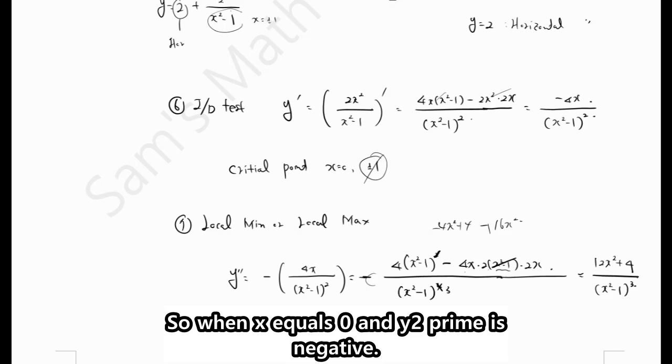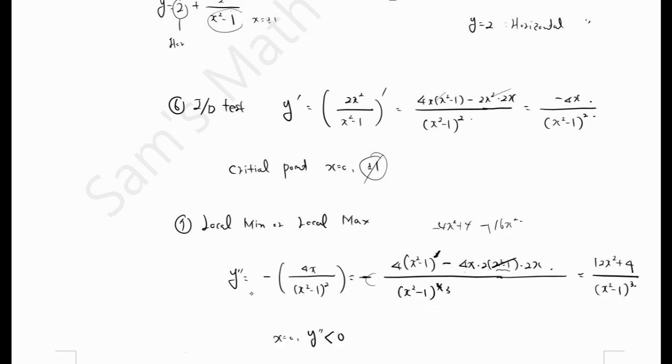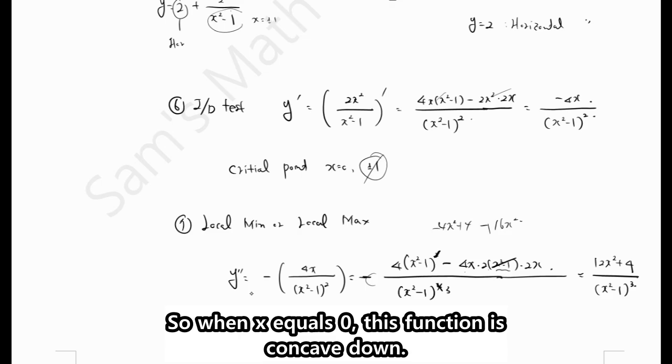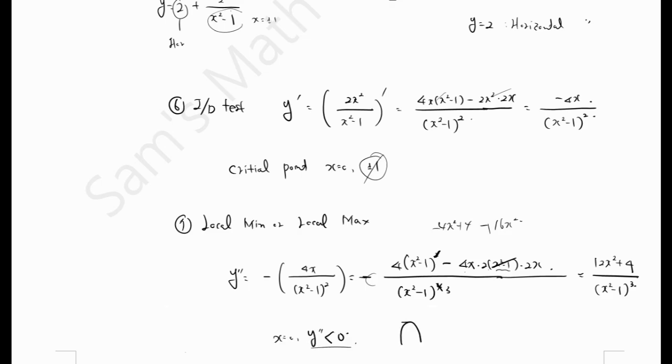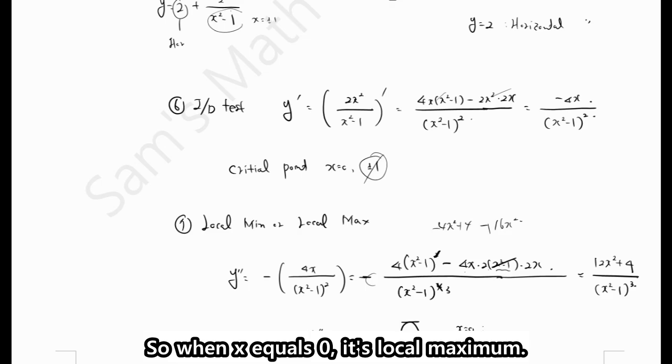So when x equals 0, y double prime is negative, so at x equals 0 this function is concave down. So x equals 0 is a local maximum.